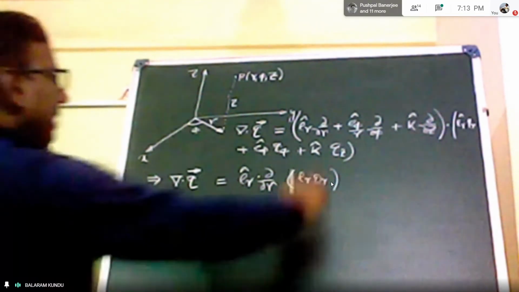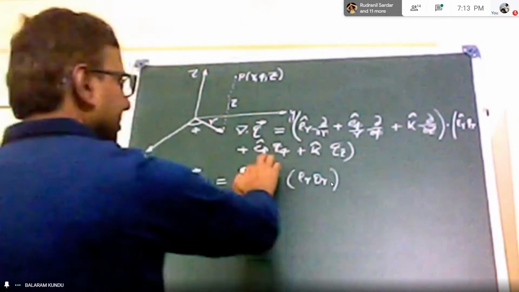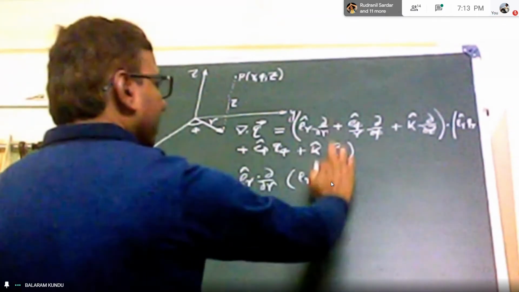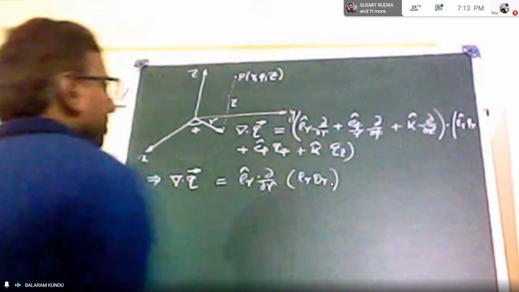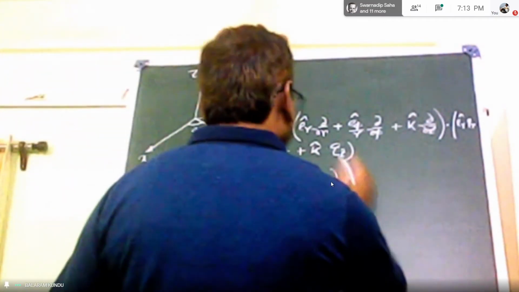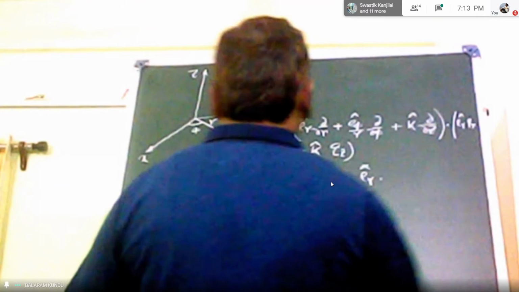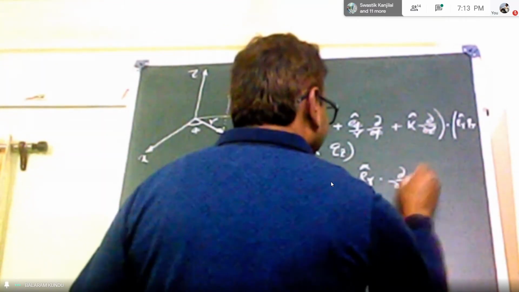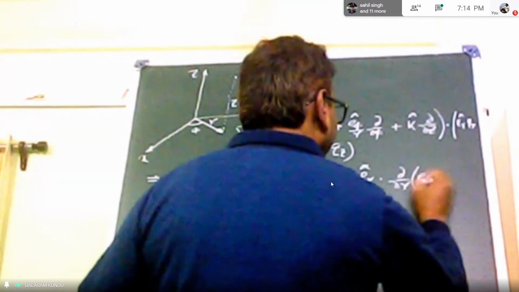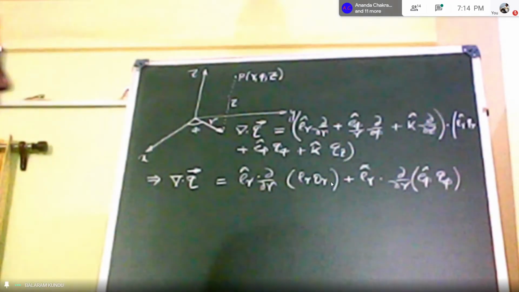Then the second term here: this term dot product this, plus this term dot product this. So the second term will be plus e_r dot del by del r of e_phi q_phi.